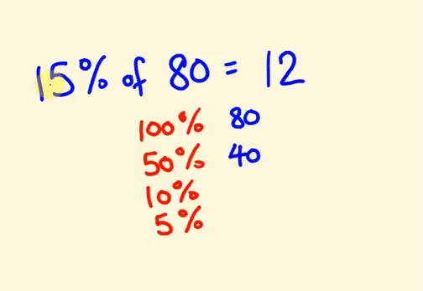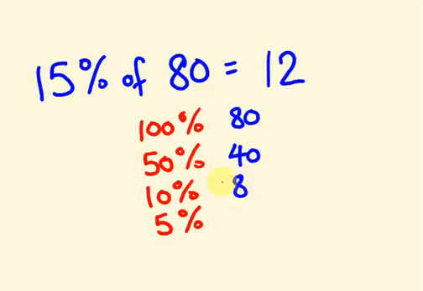So 10% of 15 would be 1.5. 10% of 80, the decimal place is here, and we'd move it back one to the left. So 10% of 80 is 8. 10% of 12, we move it back, and it becomes 1.2. Hopefully you get that idea? So 10%, we just divide this number by 10. So 10% of 80 is 8.